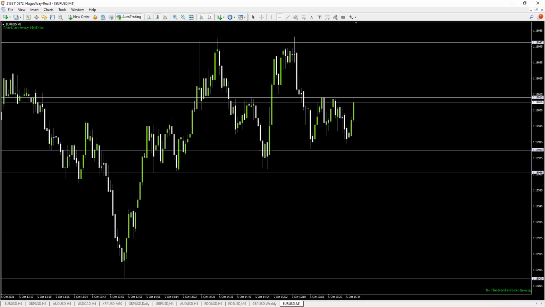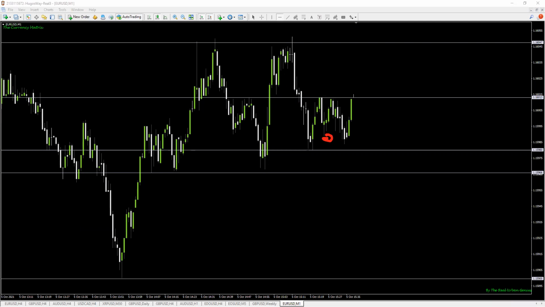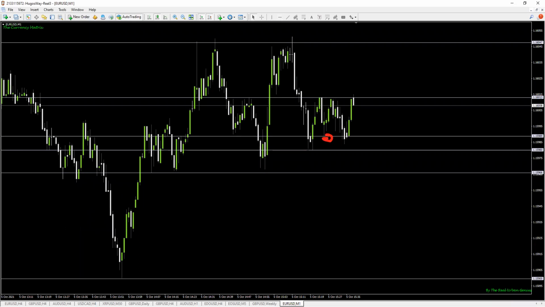This is actually a 0 right here as well. Notice how price all it just did was retest 0.